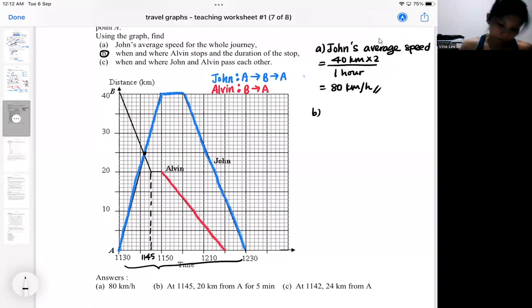You can look at the horizontal line. This is the part where Alvin stopped, because it's a horizontal line.